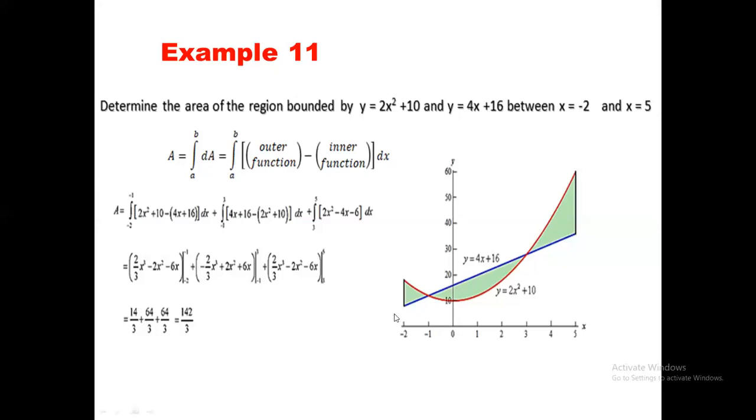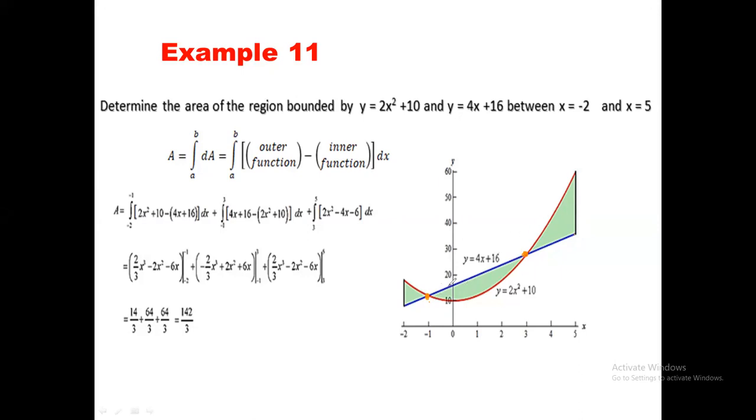So you have -2 to -1. You can see it in here. Then you have -1 to 3. You have this. And 3 to 5. This one. So the x coordinates are the boundaries of the 3 areas in question.